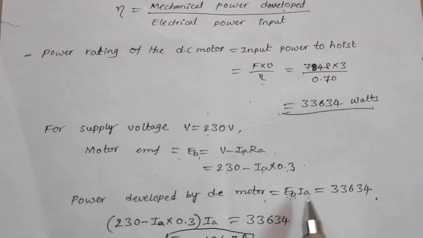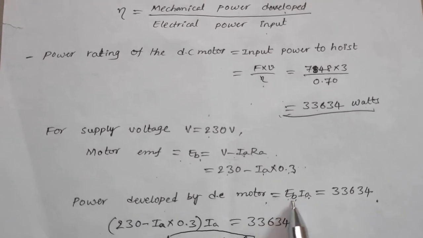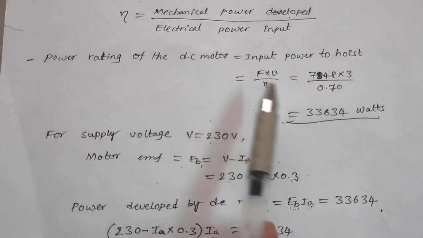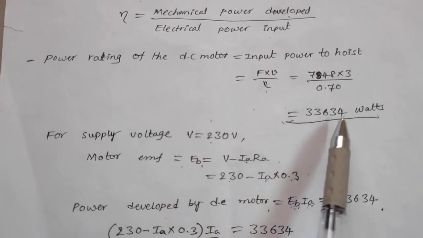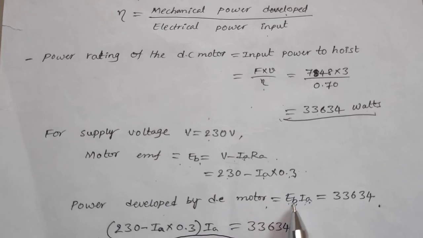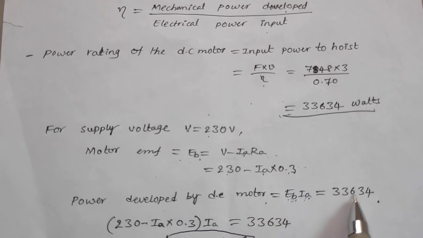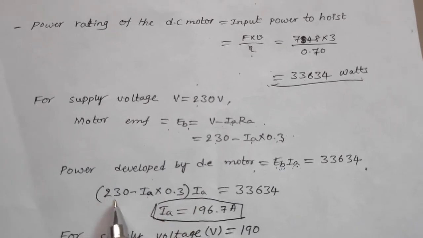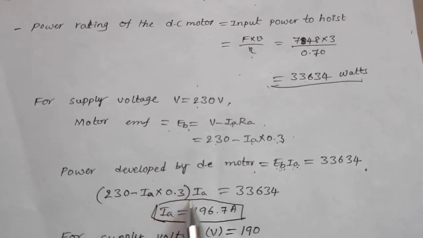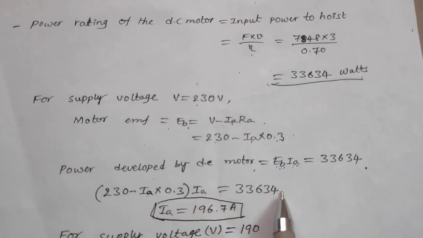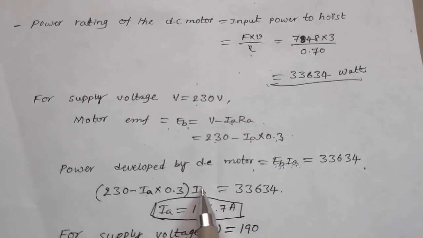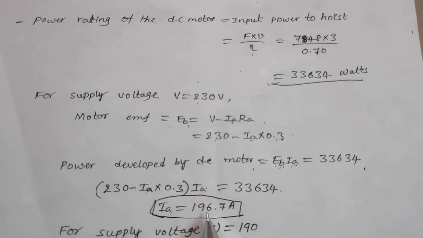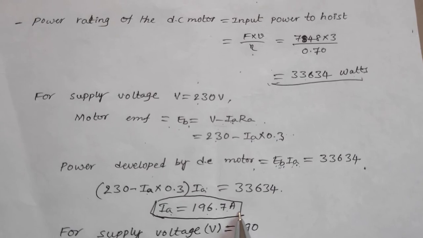So EB into IA is (230 minus 0.3 IA) into IA equals 33,634. By solving this equation, we get IA equal to 196.7 amperes.